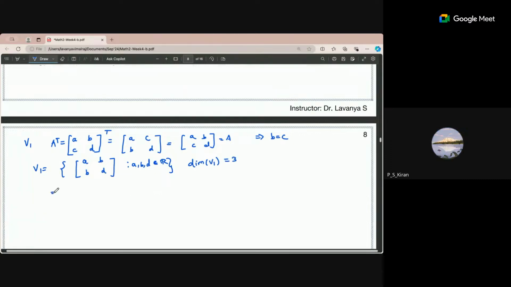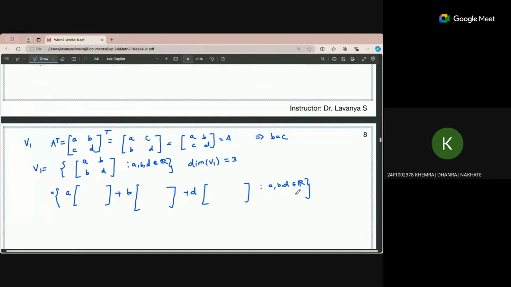We find the linear combination, just like we did for the plane passing through the origin. Take A times this matrix plus B times a matrix plus D times a matrix. You will get 3 matrices which will form a basis. Can you tell what is the first matrix? [1, 0; 0, 0].